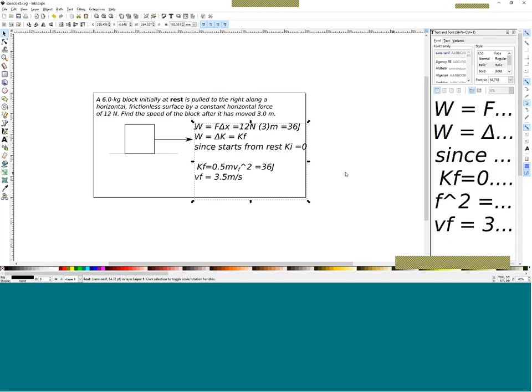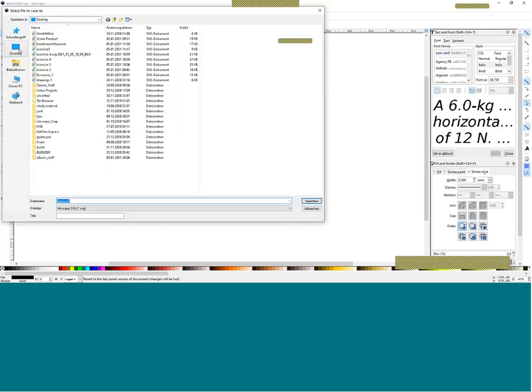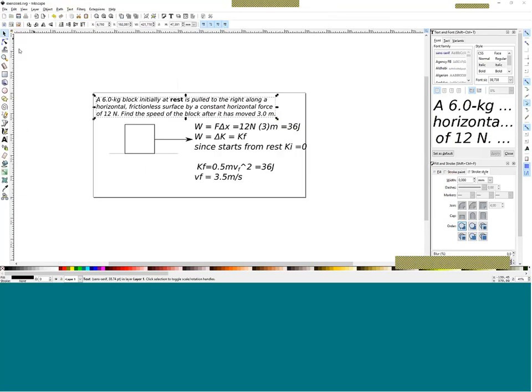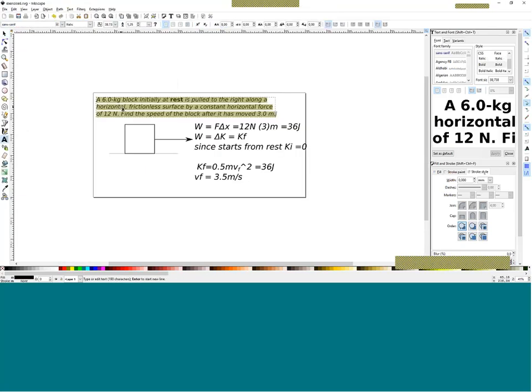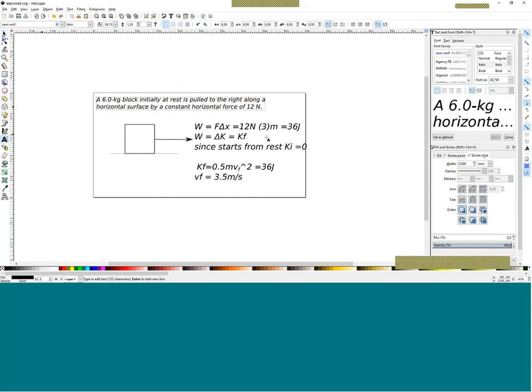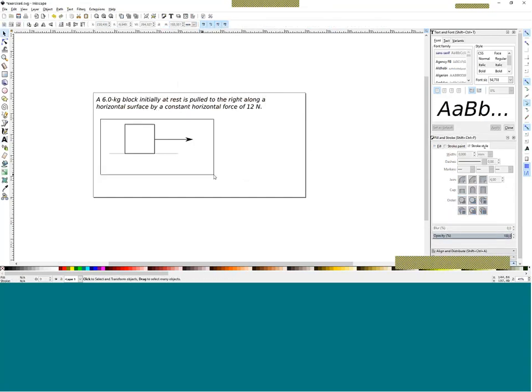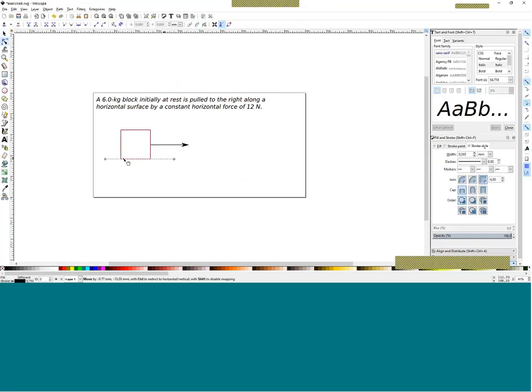Okay, so let's take a block. I'll save as 6, and let's delete everything, and let's make it look a little bit different.